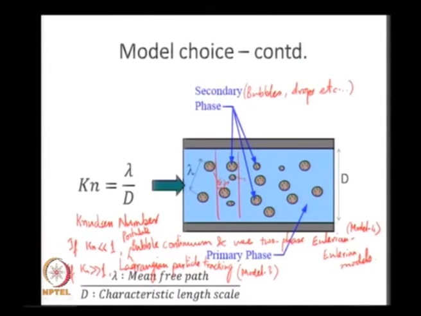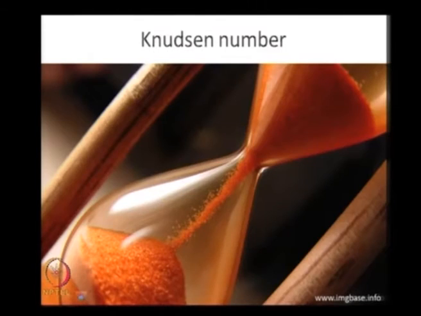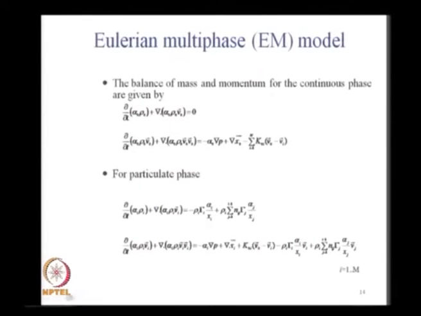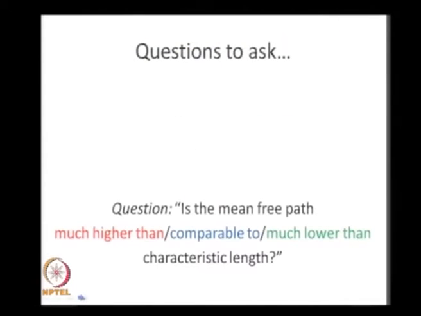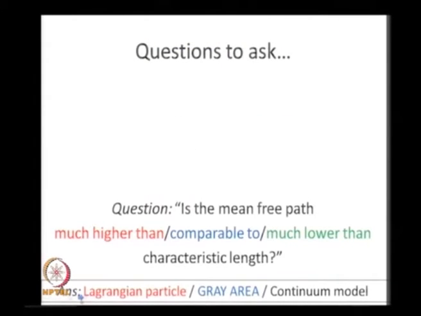So, based on two questions you ask. Is the mean free path much higher than, comparable to, or much lower than the characteristic length? Based on the answer to this, you can use either Lagrangian particle tracking or a continuum Eulerian approach.